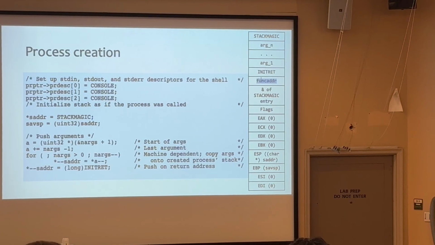When you create a process, you have to have a function that you want to run. So that's the function. In the previous concrete example, it is that sendChar function, which takes one parameter, a character.